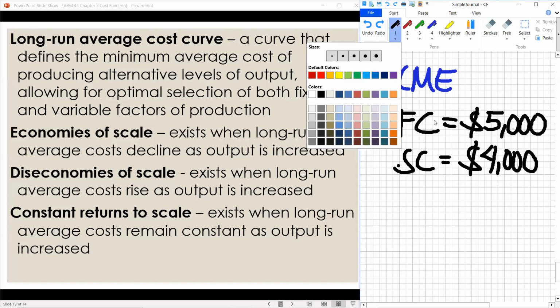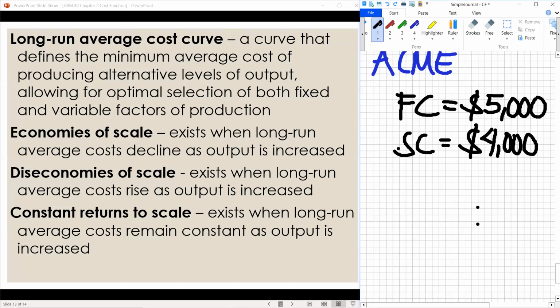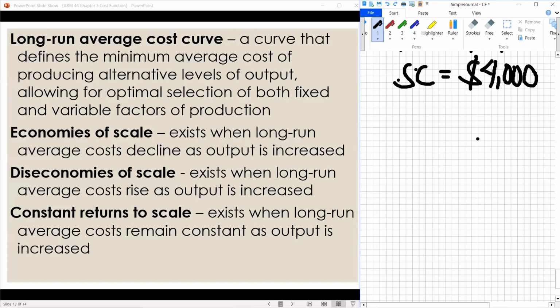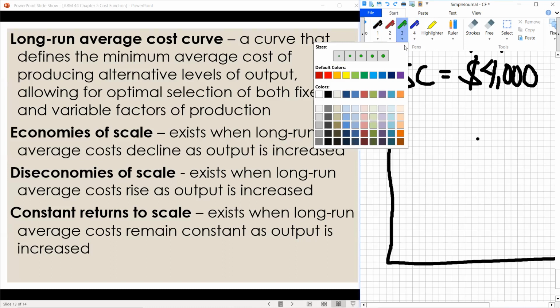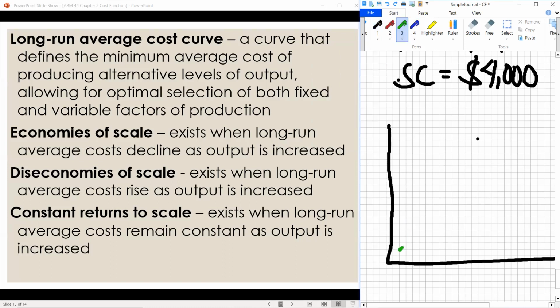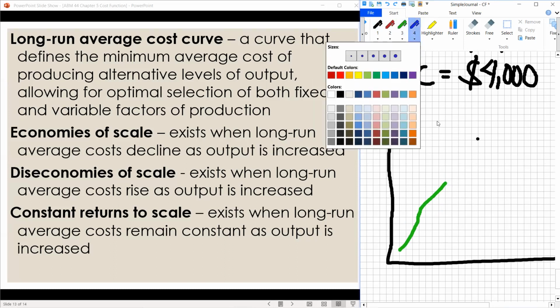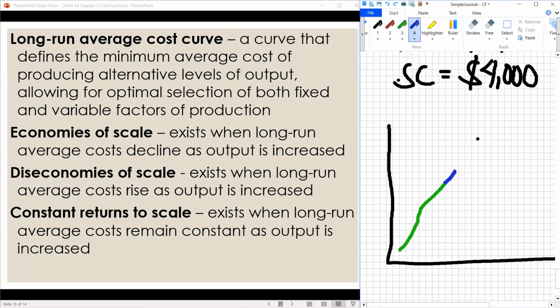So I'll try to draw a simple map. I hope you can see it clearly. Just an illustration. Okay, so this is economies of scale. Again, it is decreasing average cost as output increases. While we have what we call constant returns to scale, where the curve looks constant.